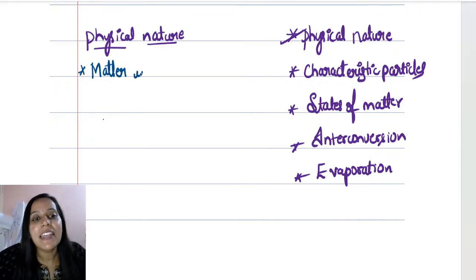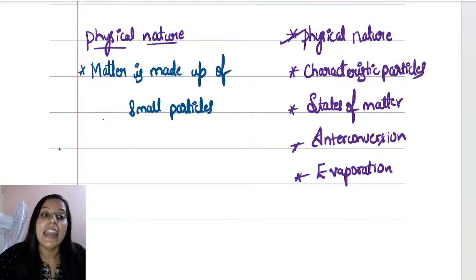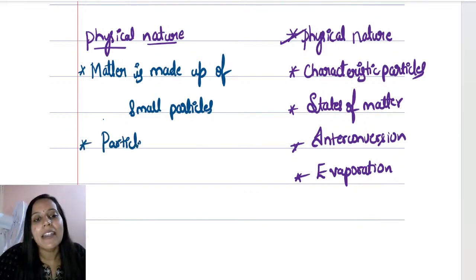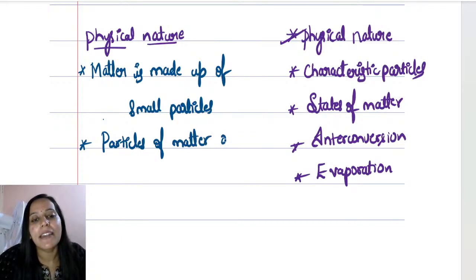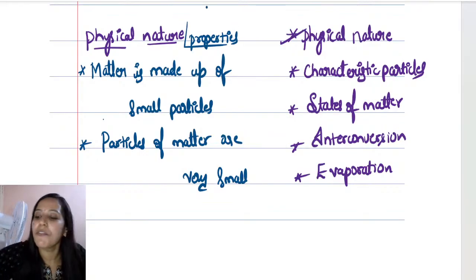Matter is made up of small particles. And the second point is particles of matter are very small. These are the two physical natures, or we can say physical properties, of matter.